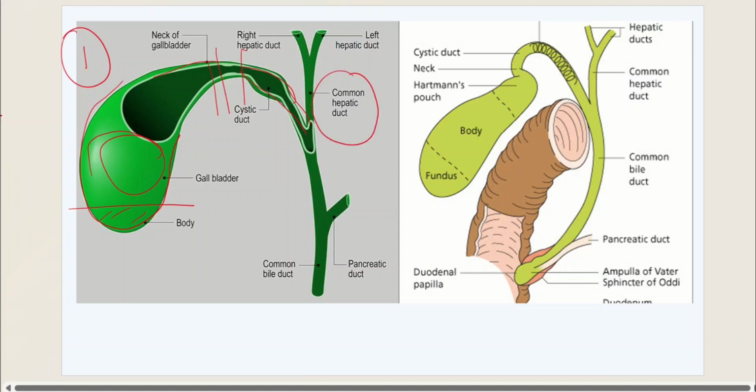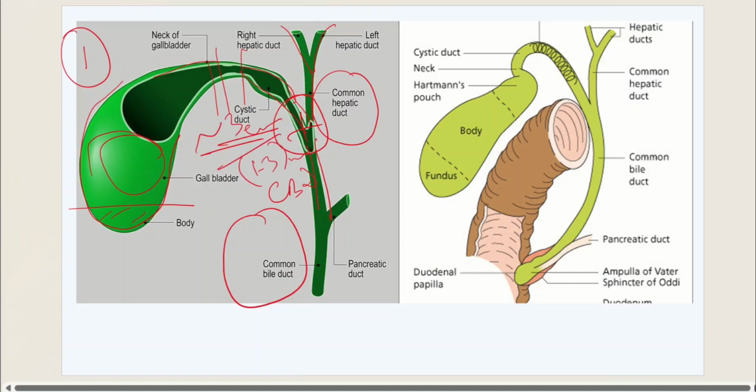How is it formed? The right hepatic duct and left hepatic duct form the common hepatic duct. Now the cystic duct and the common hepatic duct join here to form the common bile duct, CBD. The cystic duct is around 3 cm in length. Diameter is around 1 to 3 millimeter.